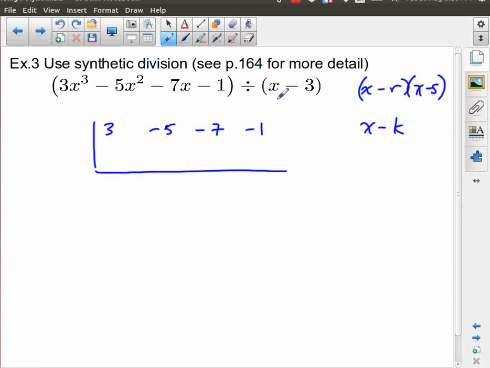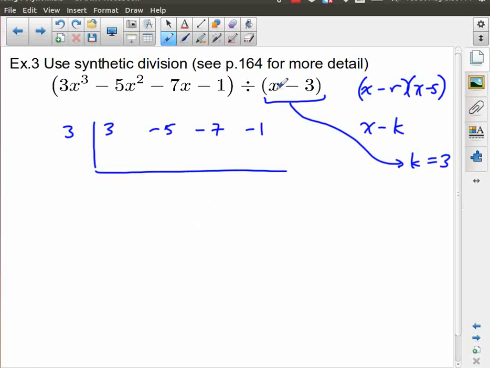So in this case, if this is in the form x minus k, then what is k actually equal to? It's equal to positive 3. So it's that idea of changing the sign. And that's what I put here. Now this came from x minus 3.